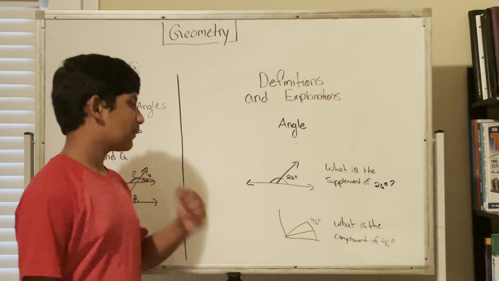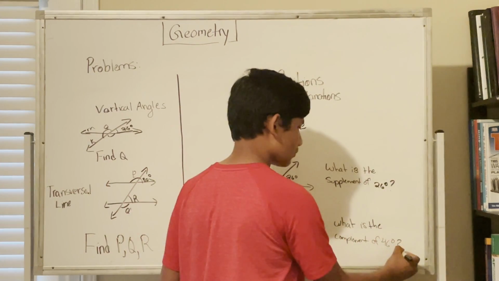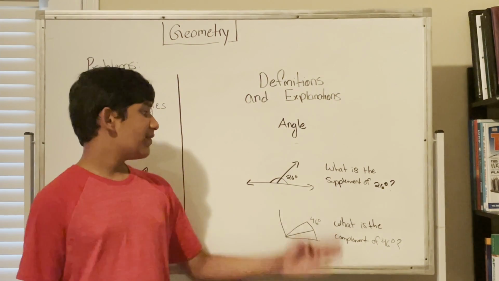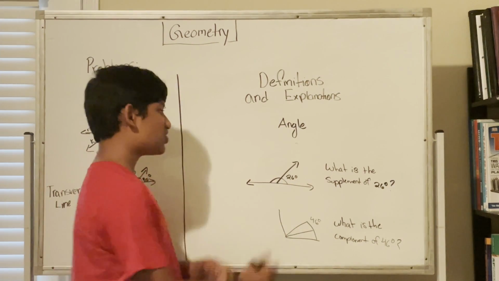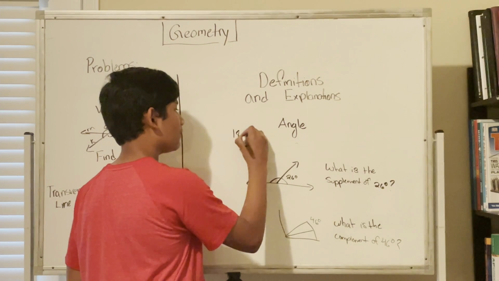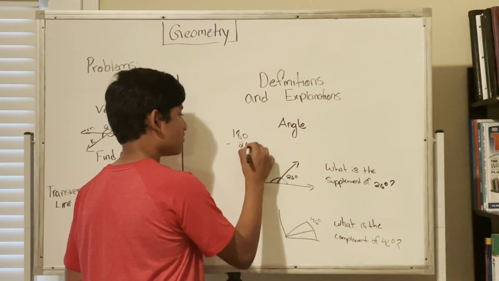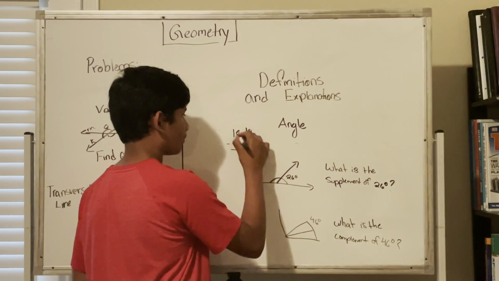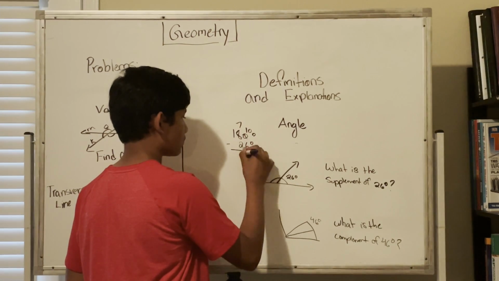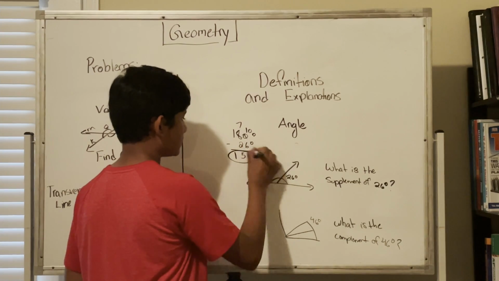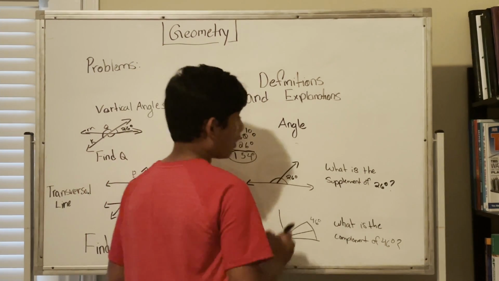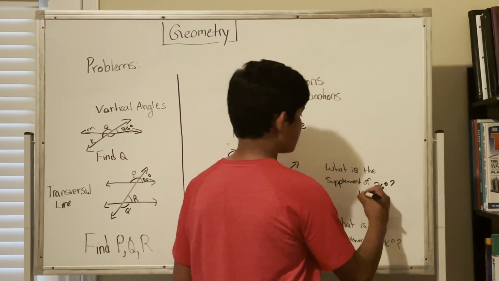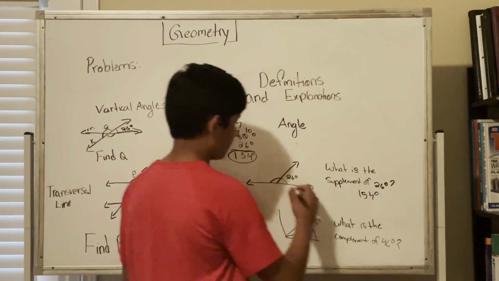Okay, now as we can see over here, the supplement of 26 degrees is essentially just 180 minus 26 degrees. We've got 154 degrees. So the supplement of 26 degrees is 154 degrees.